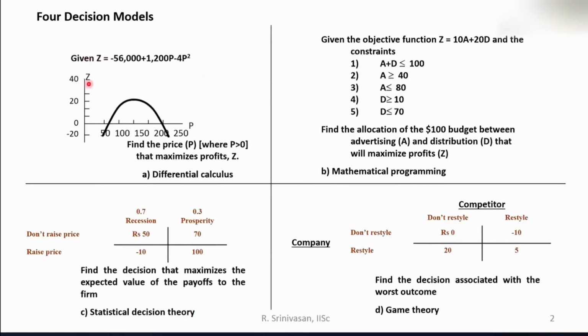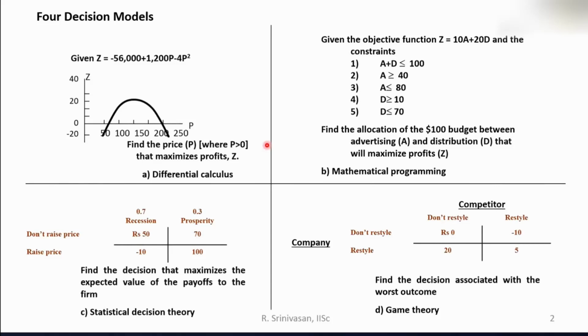You take an equation z equal to minus 56,000 plus 1200p minus 4p squared. Suppose you are given this type of equation and you are asked to find the price p that maximizes profits, p always greater than 0. How are you going to do that?